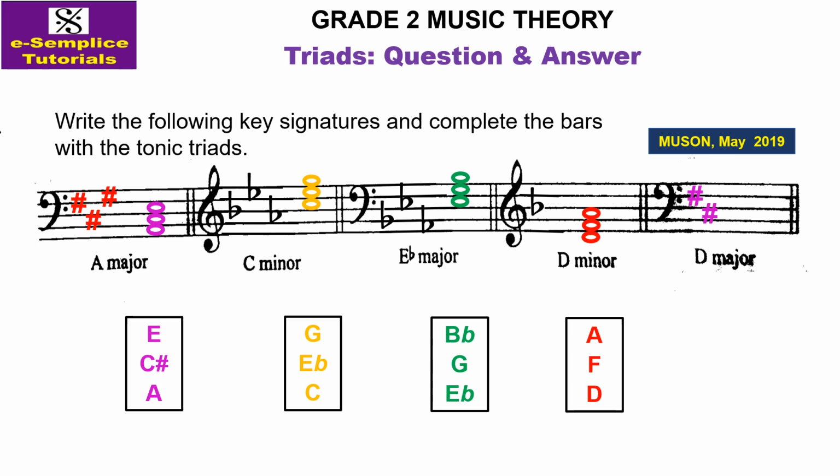The triad will consist of D, F sharp, and A.